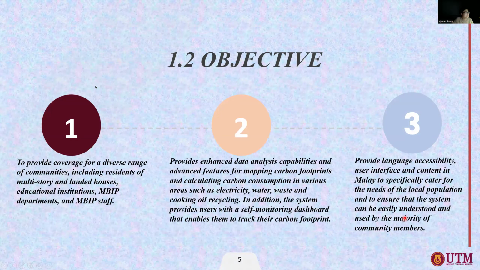Two, provide enhanced data analysis capacities and advanced features for mapping carbon footprints and calculating carbon consumption in areas such as electricity, water waste, and cooking oil recycling. In addition, the system provides users with a self-monitoring dashboard that enables them to track their carbon footprint.